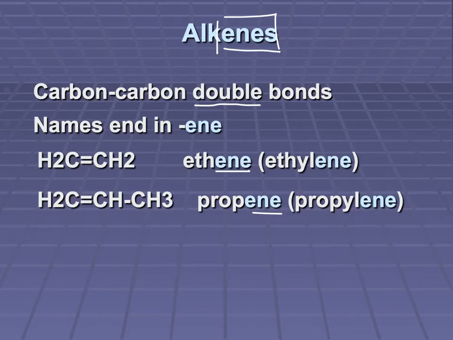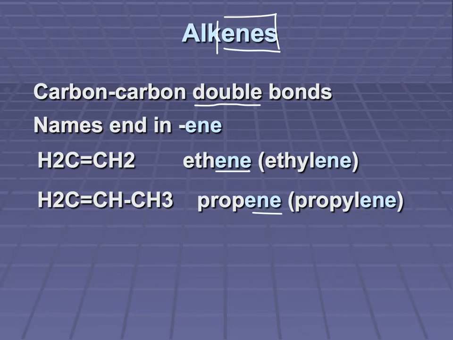So then we still use the same set of rules: find the longest carbon chain. But now you want to count the chain in the direction where the double or the triple bond will contain the lowest possible carbon, or the lowest numbered carbon. So that will take priority over a branch in terms of the lowest possible numbers.